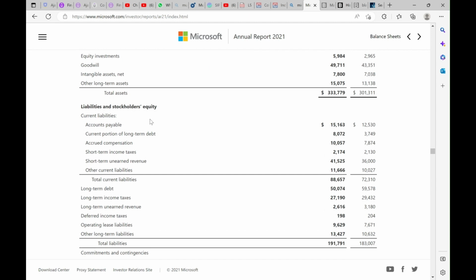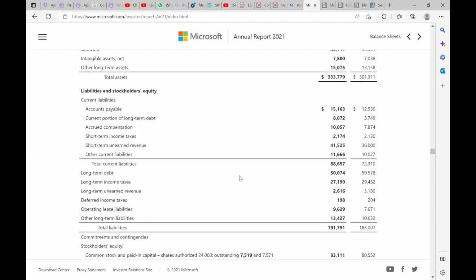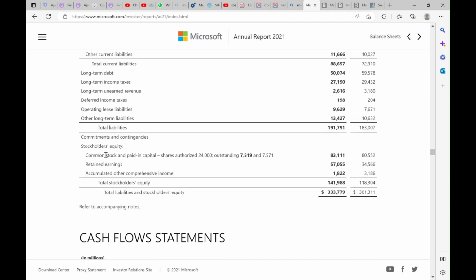And see the liabilities and the stakeholders equity here. So total liabilities actually were $72 million in one year and increased to $88 million, because they're acquiring more assets and investing.